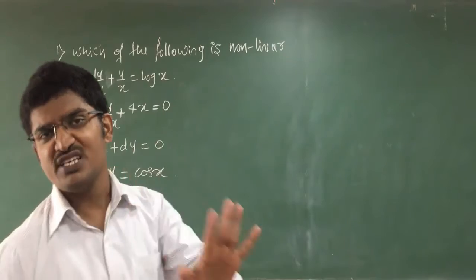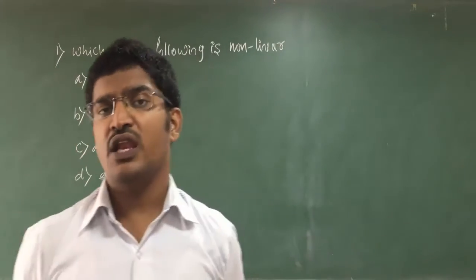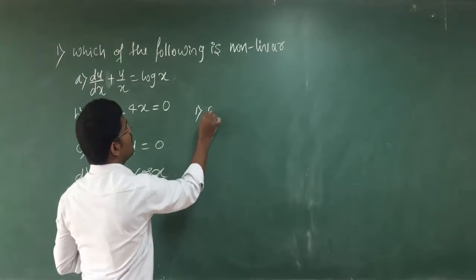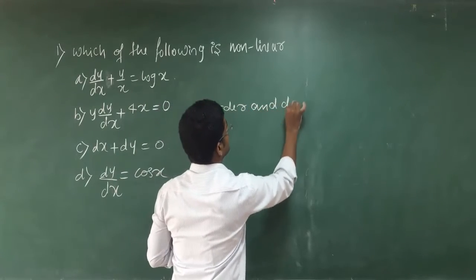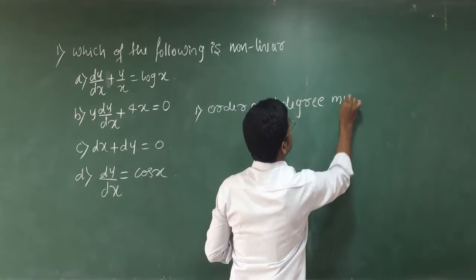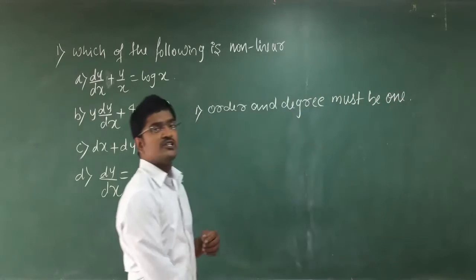If you know what is linear, then the remaining will be non-linear. For that, first, order and degree must be 1.